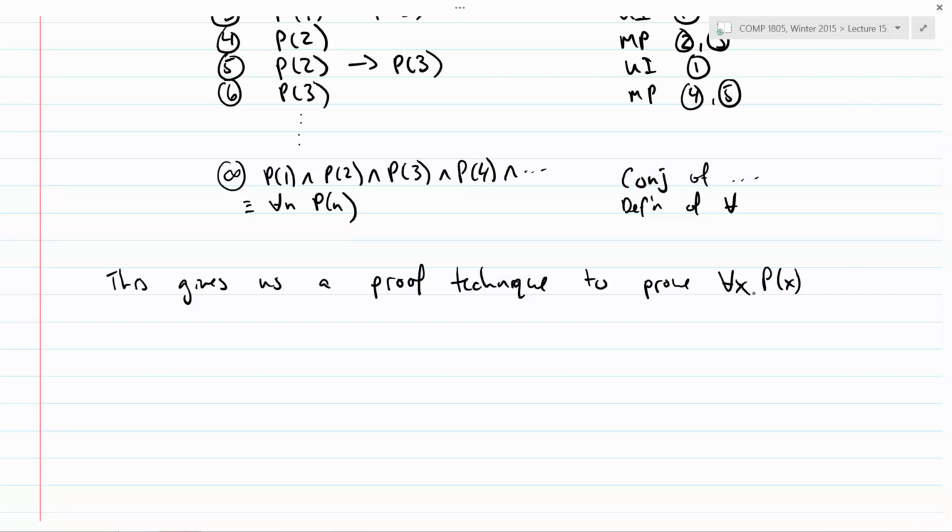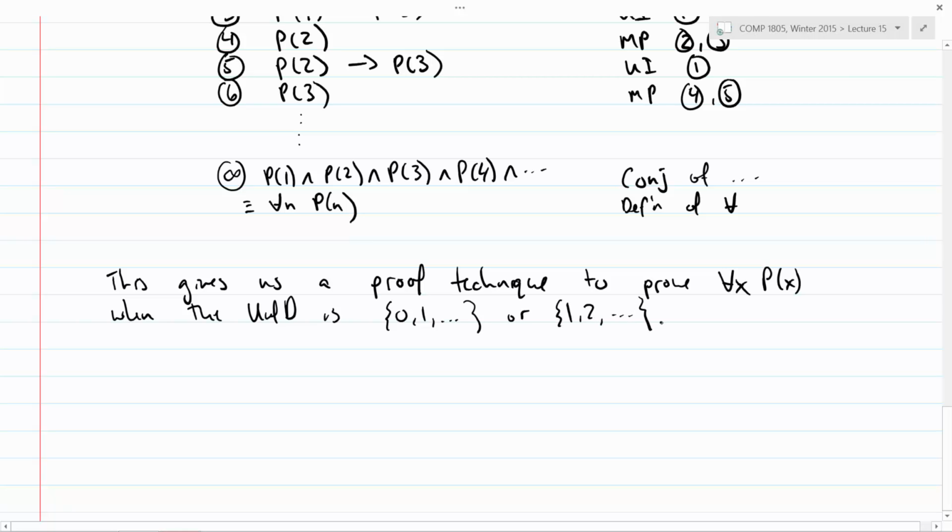So either starting at 0 or 1, in fact, it doesn't matter. And we'll see a little bit later on that it works for an even broader set of universes of discourse.